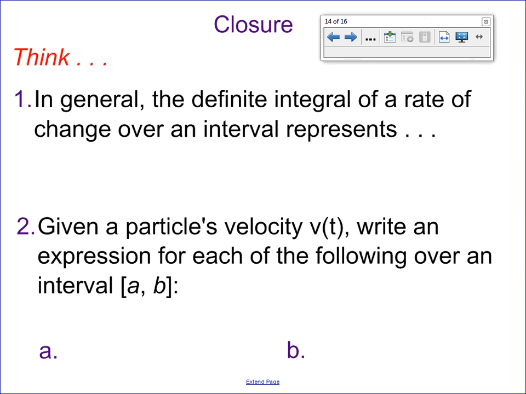A, of course, is supposed to be displacement, and B is supposed to be distance traveled. So let's go ahead and put that. So displacement. And B will be distance traveled.